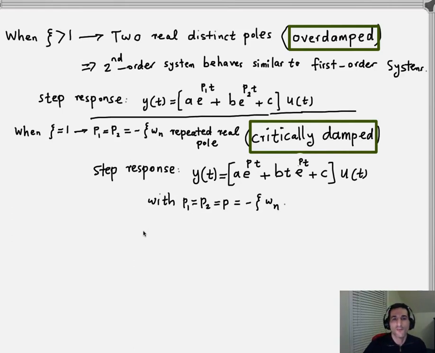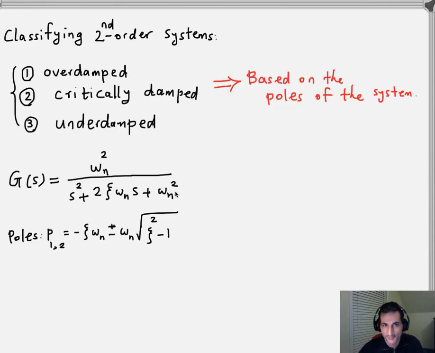So now, when zeta is greater than 1, if I go back to this slide, I'm going to have two poles that are both real, because zeta squared minus 1 is going to be a positive number.